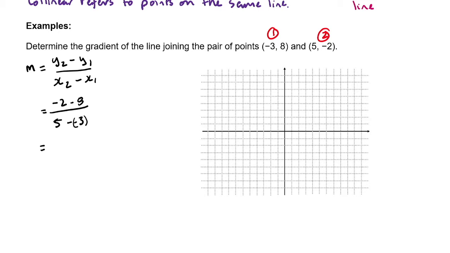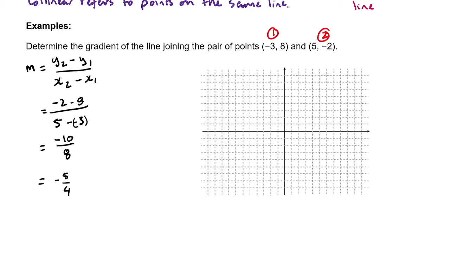Now, -2 minus 8, well, that's pretty easy. That's going to be -10. 5 minus -3 is a little bit different because minus a minus is plus. So 5 minus -3 is really 5 plus 3, which is 8. And we can simplify our fraction down to -5/4.